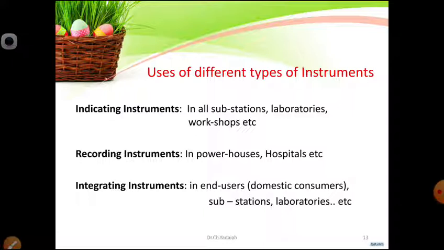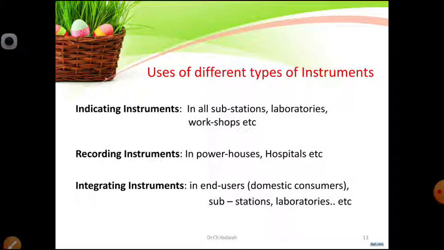Every consumer who has taken electricity has to pay some amount of fee, that is a tariff bill, to the utilities. That is based on the energy meter readings. At the same time, substations also use energy meters.